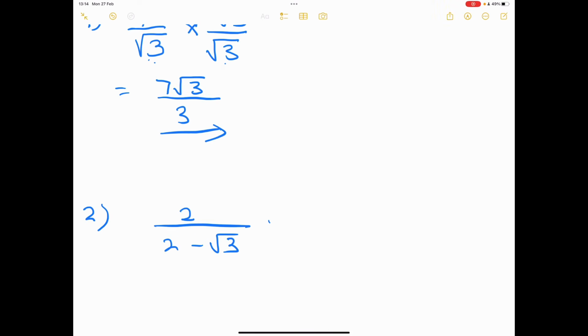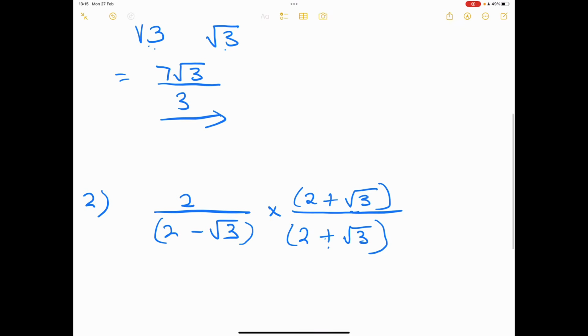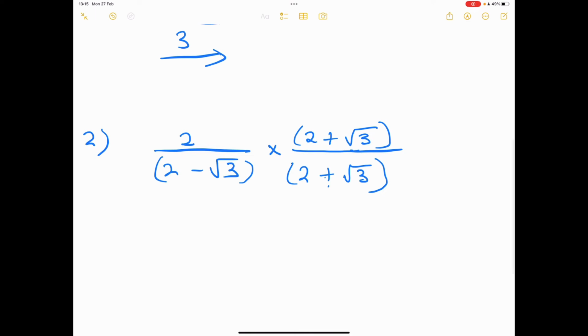So in this case, I am going to do that. Remember, you take that as though it's in brackets. So that's going to be 2 plus root 3. We said you do exactly the same thing, but the sign is different. And you do the same at the top, 2 plus root 3. What I do at the bottom, I will do at the top, so that in actual fact I've just multiplied by 1.